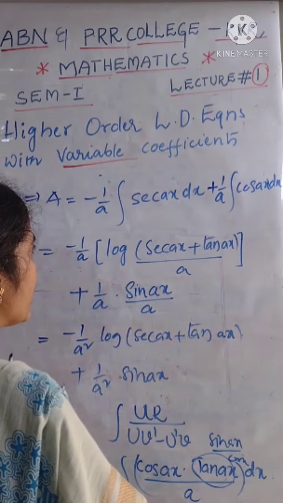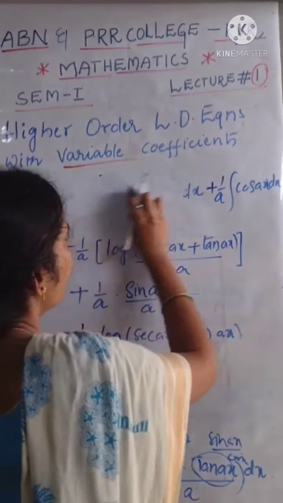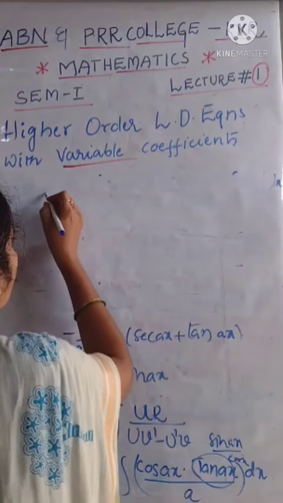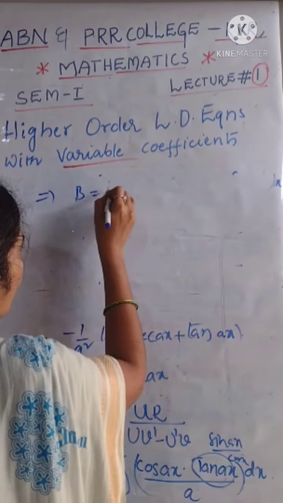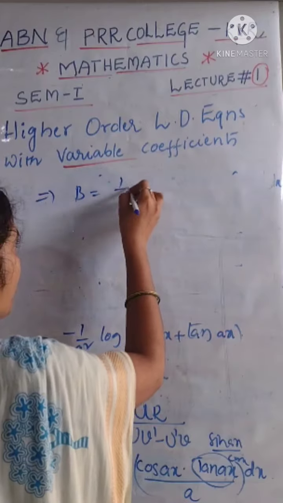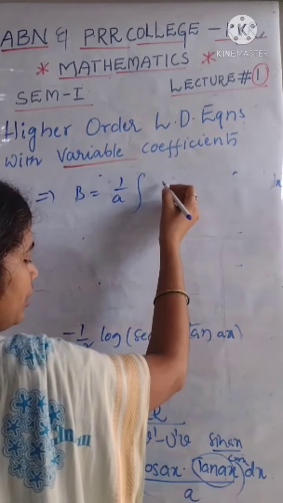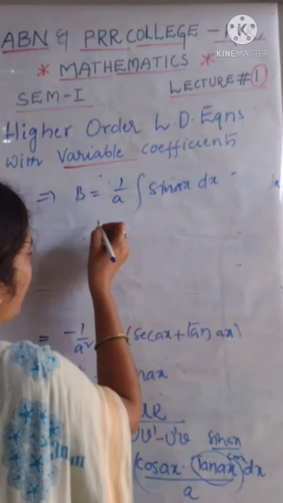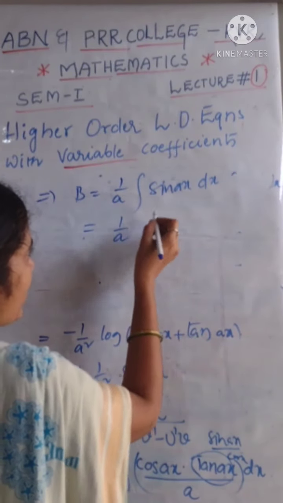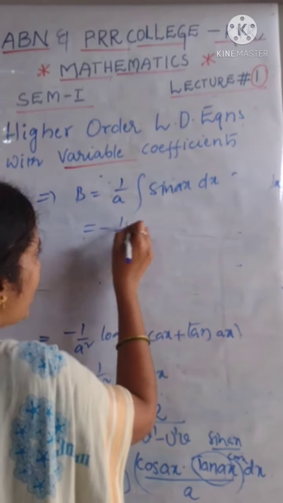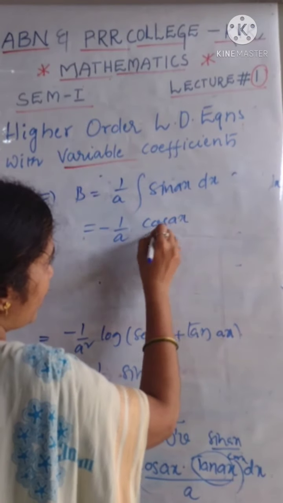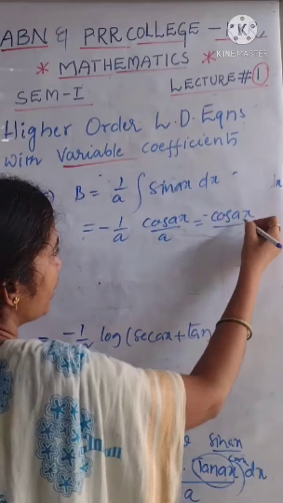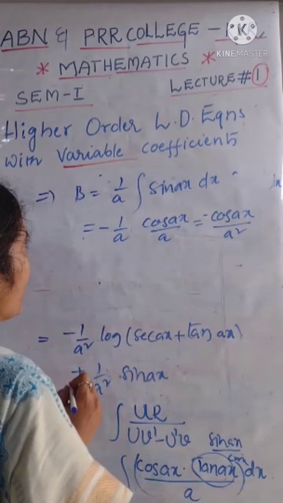Cos ax gets cancelled. Then the value of b is 1 by a into the integral of sin ax with respect to x. That is 1 by a into the sin integration value, minus cos ax by a. This value is minus cos ax by a square. This is the value of b.